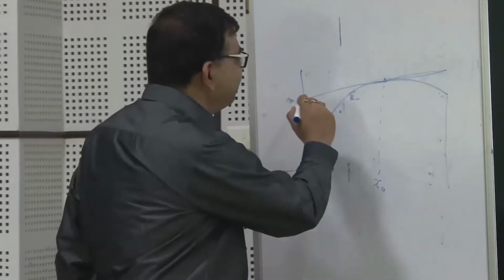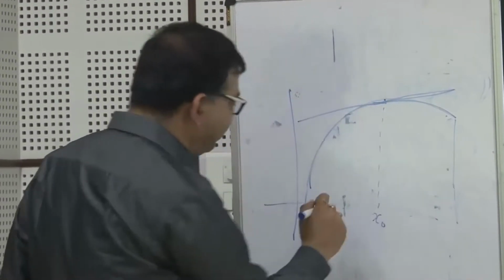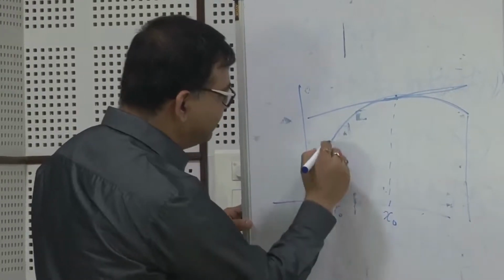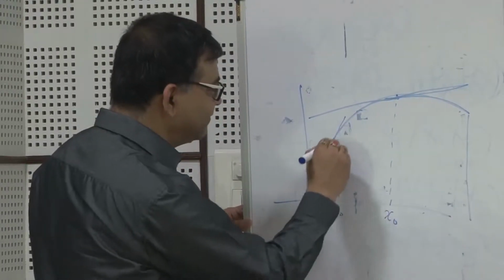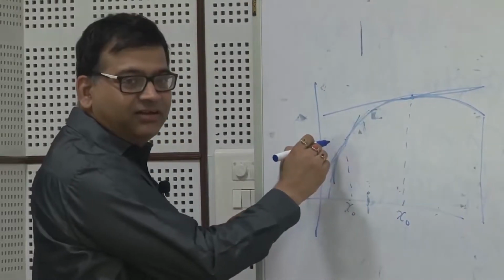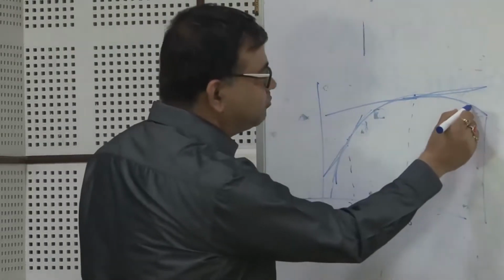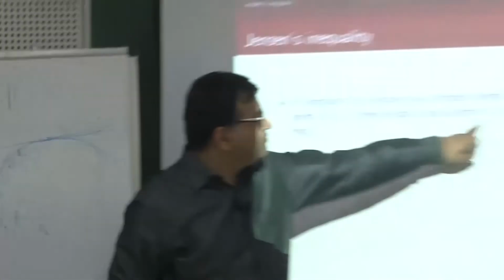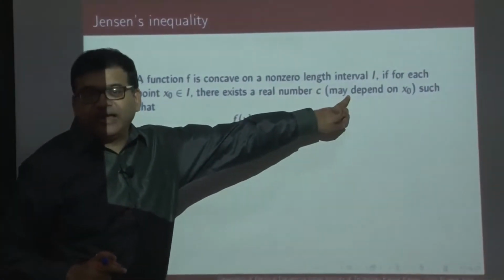And you can see for a concave function you take any point, let us take this point as my x naught, then I can draw a line like this, this is f of x naught plus c. If I take this point I can draw a line like this, that is why I said this c may depend on x naught.